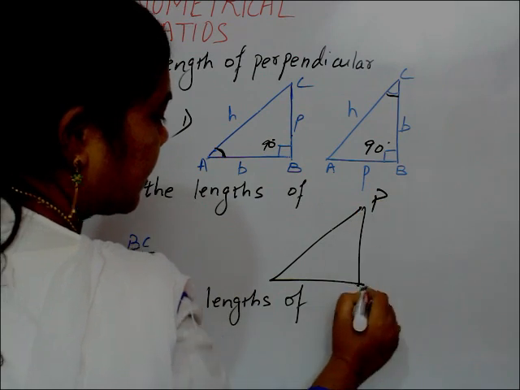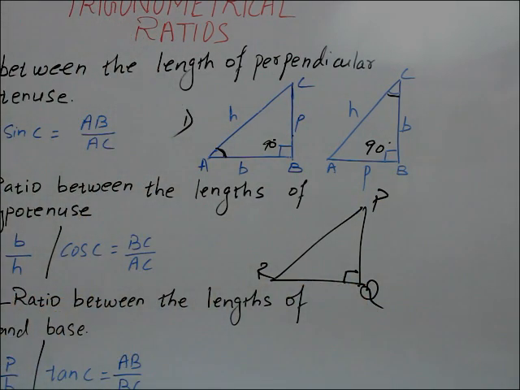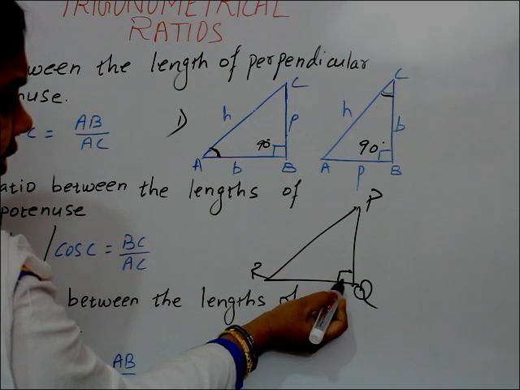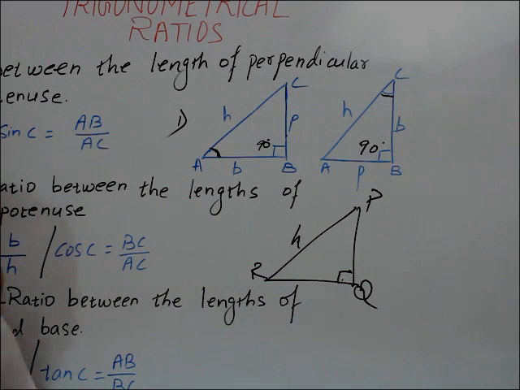Whenever a right angle triangle is given, suppose PQR with 90 degree at Q, you have to mark which is the hypotenuse, which is the perpendicular, which is the base. First, identify the hypotenuse: the side opposite the 90 degree angle is always the hypotenuse. Second, see which is the angle of reference.